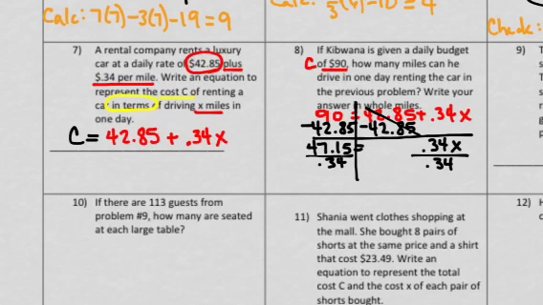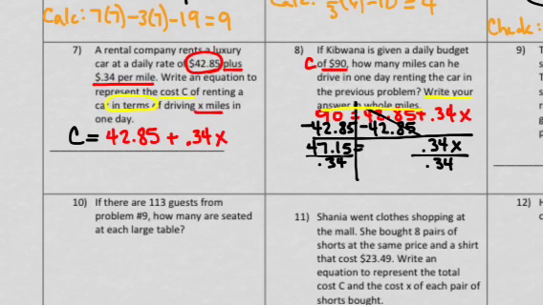And I would grab a calculator to do that. And the answer I get on my calculator seems to be a very long decimal. So if you go back up here, write your answer in whole miles. So in this case, we get 138.67 something else. But if I round that up, then Kibwana would run out of money. He would be over the $90.